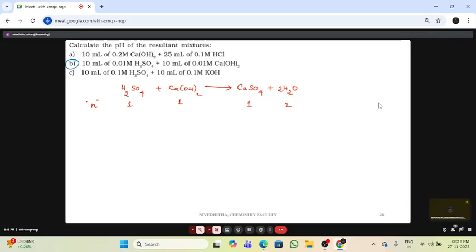So according to this data, what is the number of moles of sulfuric acid involved? They have taken 10 ml of 0.01 molar sulfuric acid. So could you please tell me the number of moles of sulfuric acid involved? 0.01 mole. Come again, Rakshan.